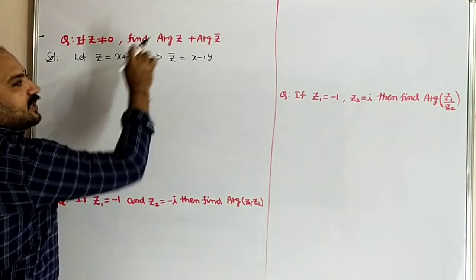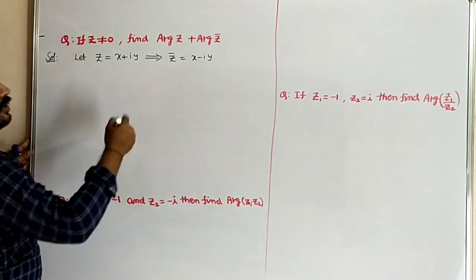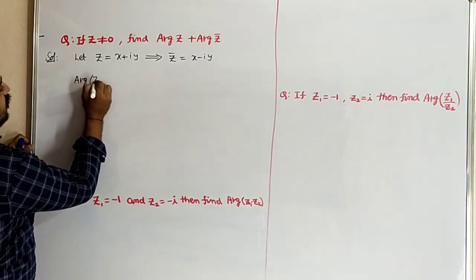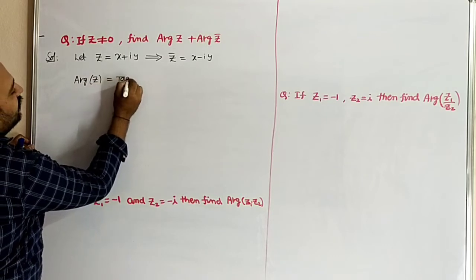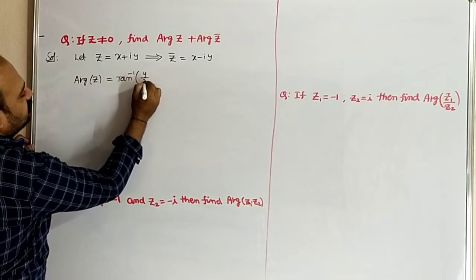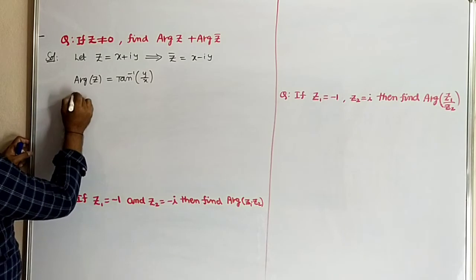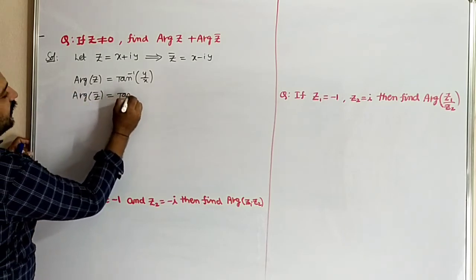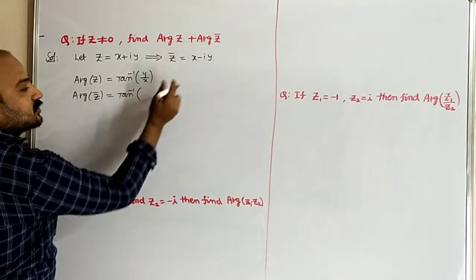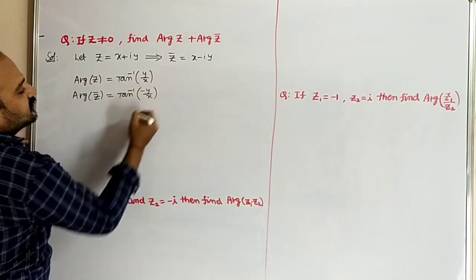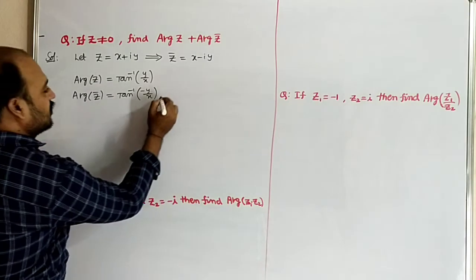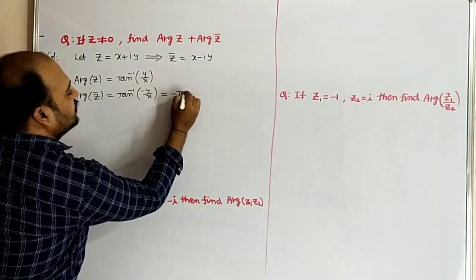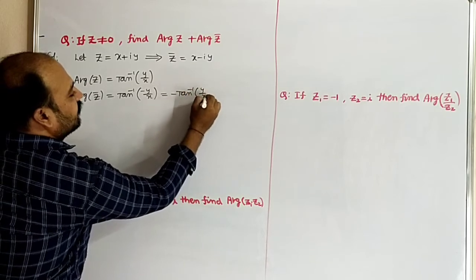So argument of z is equal to tan inverse of y by x. Argument of z bar is equal to tan inverse of minus y by x, which is equal to minus tan inverse of y by x.